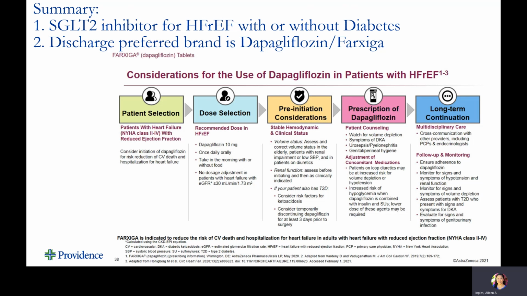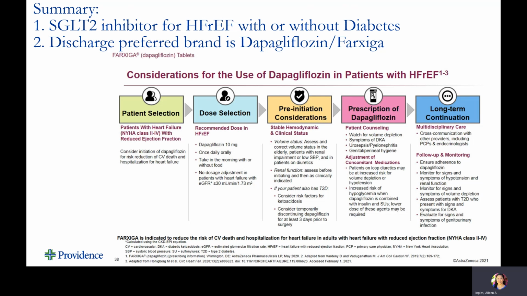The low systolic blood pressure is usually a risk, so just being careful, especially with our elderly patients. And if patient is type 2 diabetes, to make sure they know signs and symptoms of ketoacidosis. Usually this drug is used adjunct with other diabetic medications, and is not used by itself for diabetes.